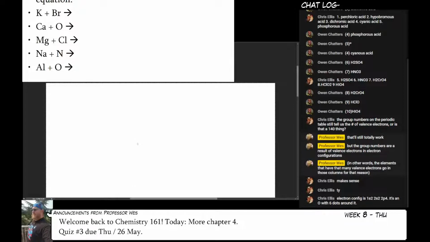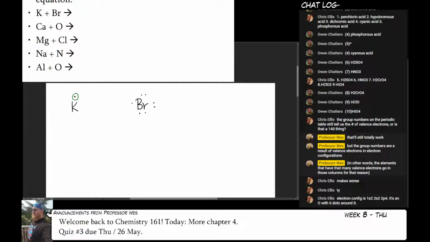All right, so when I draw my Lewis structure, that's going to look like this. So, oops. If I've got my potassium, it ends in s1, so it's going to have 1 valence electron. Bromine ends in s2p5, so it has 7 valence electrons.